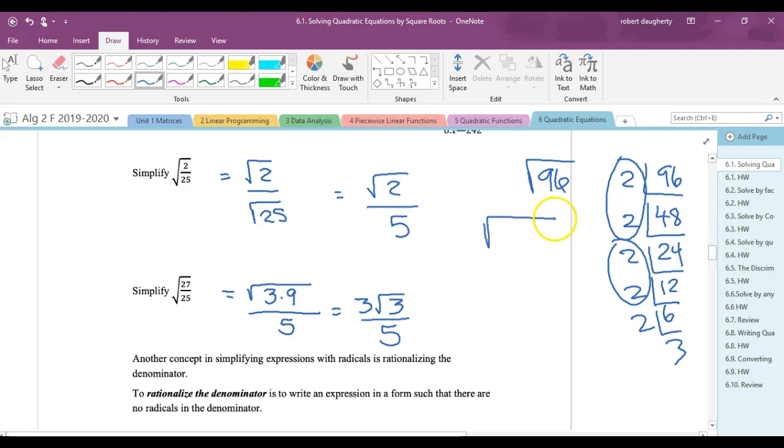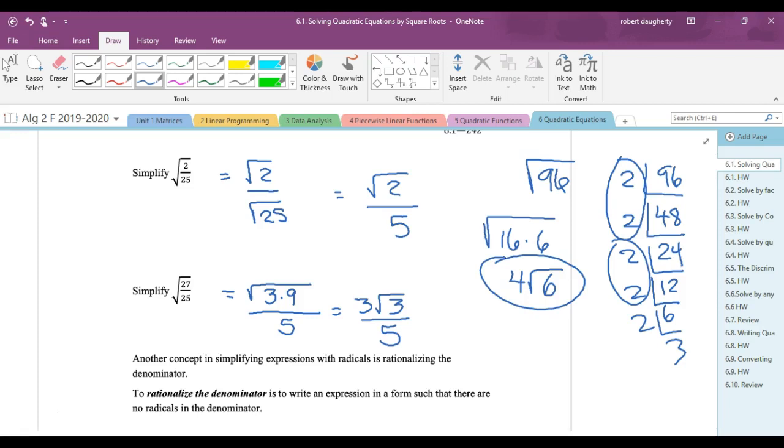So I can write this as what? This is 16 times 6, okay? If I can group these together, this is 2 times 2 is 4 times 4 is 16. Now what's the square root of 16? Yeah, so this is 4 square root of 6, okay? So if you have trouble going to, what do I need to make it out? Do the prime factorization, okay?